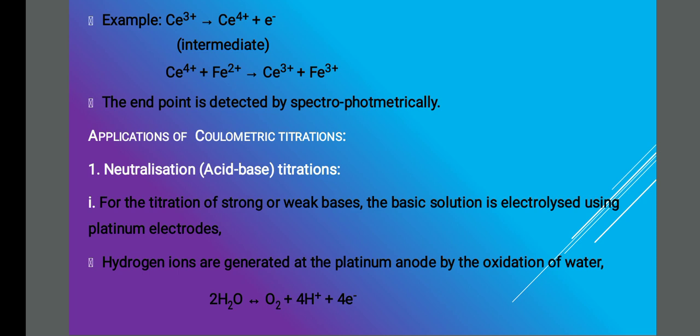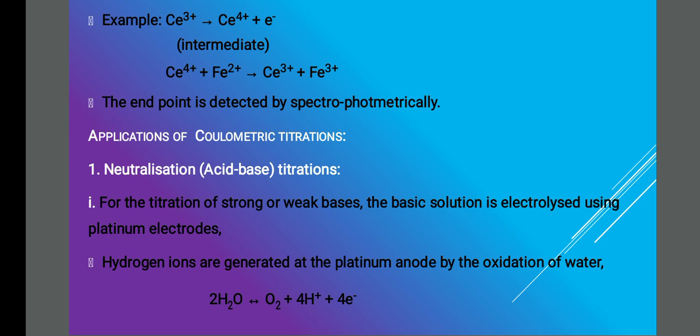So what happens here is hydrogen ions are generated at the platinum anode by oxidation of water. So what's the reaction behind this? 2H2O reversibly gives you O2 plus 4H+ plus 4 electrons.